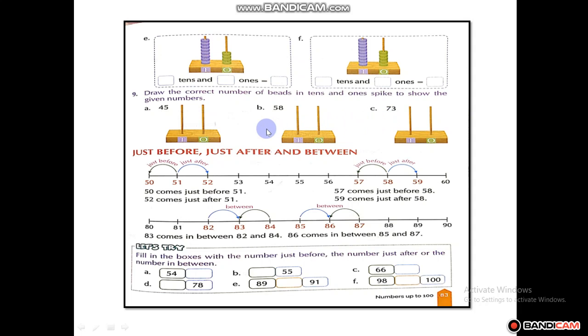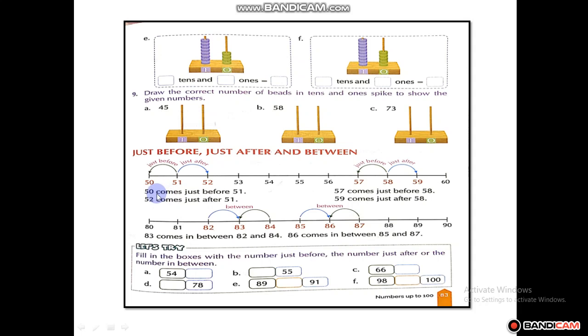Same with this also. See here children, just before, just after and in between. Here it is more clear explanation on this number line. See how it is. From 51 to 50 it is going back, and from 51 to 52 it is going forward, that is after.